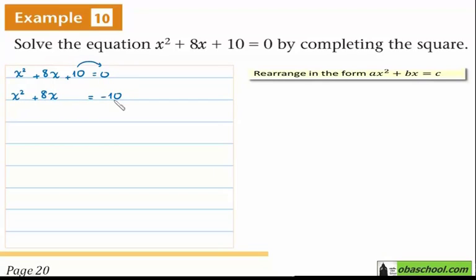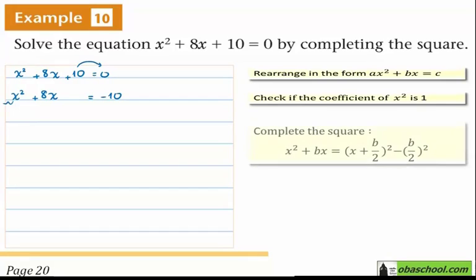Now I have x squared plus 8x equals minus 10. Then we check that the coefficient of x squared is equal to 1. If I have no number in the coefficient place, then the coefficient is 1. So this step is checked. To apply completing the square to x squared plus bx, as in x squared plus 8x, b equals 8.